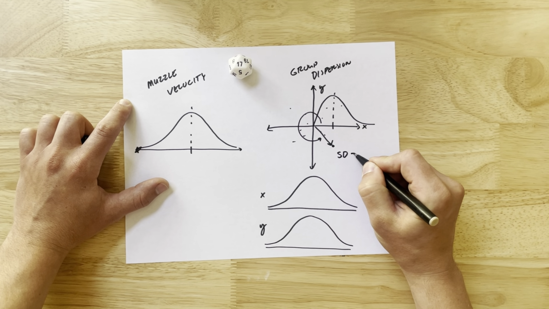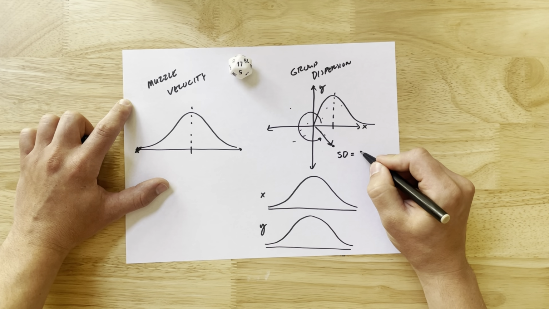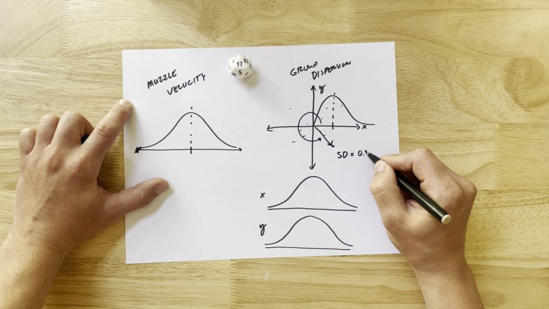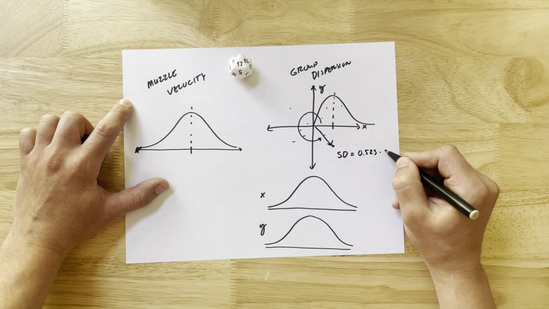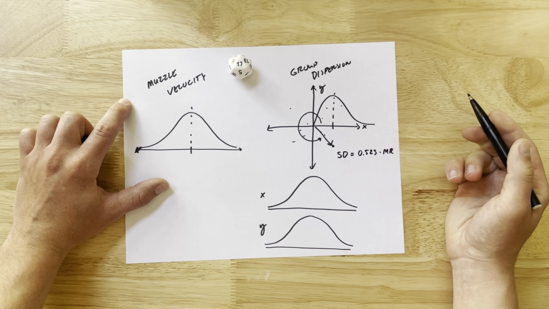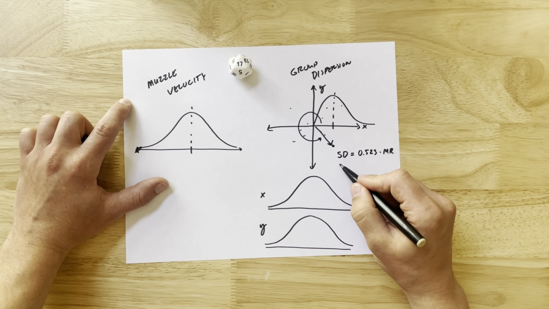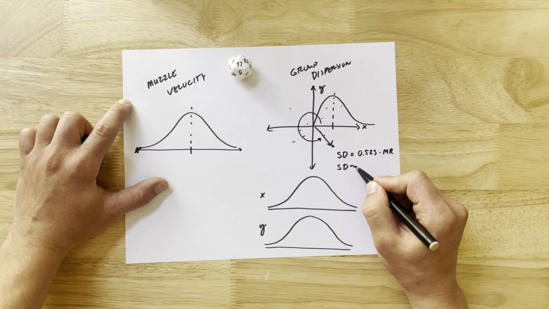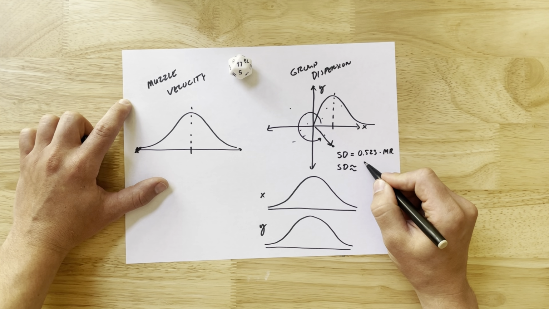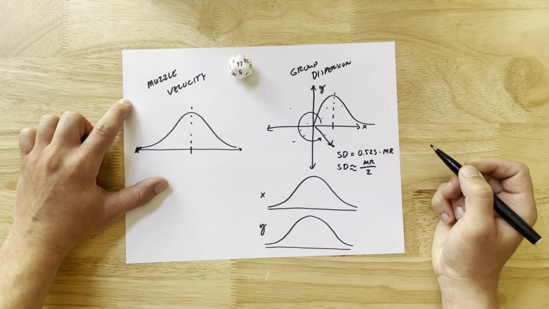The standard deviation of a Rayleigh distribution is equal to 0.523 times the mean radius, or the standard deviation is about 1/2 the mean radius, or the mean radius divided by 2.